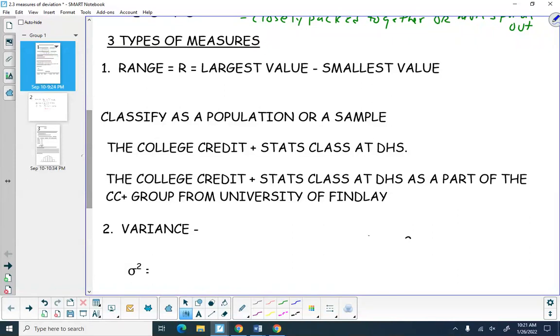Now, we need to take a look at two scenarios. When we talk about a population and a sample: a population, once again, is the entire set of people that we're doing a study on.